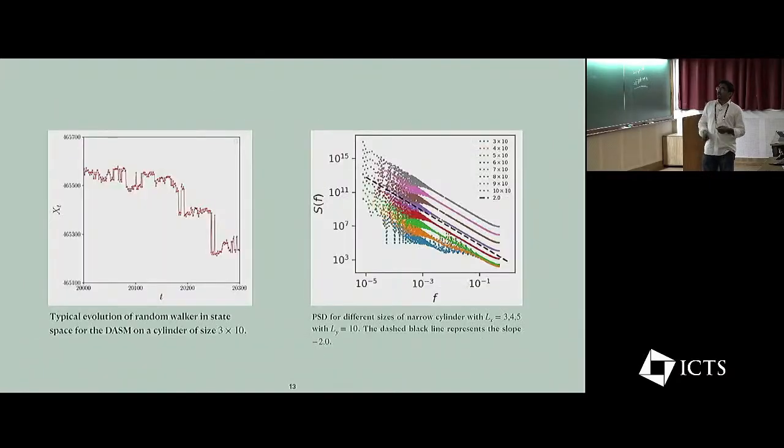This is the time series for x_t, showing how the corresponding state space points change. When we look at the Fourier transform of this type of signal, we get 1/f^α behavior with α equal to 2.